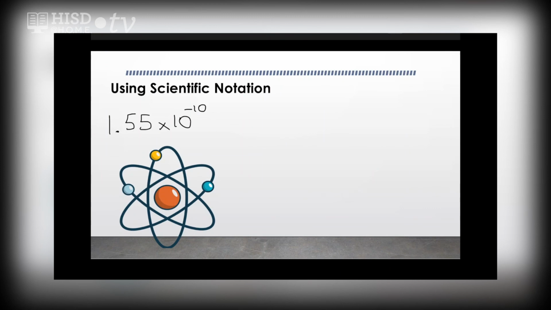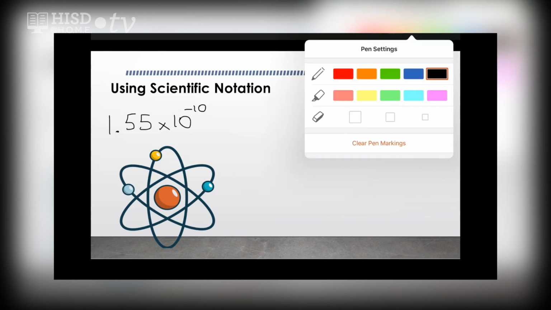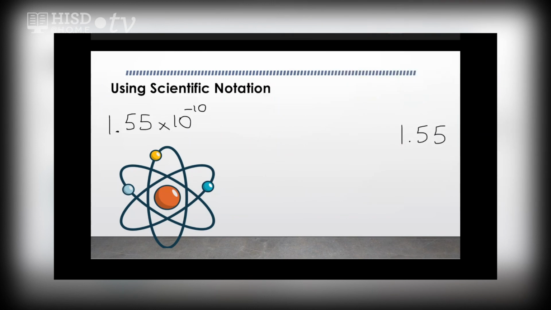Now that you had your chance to check for understanding, I'm just going to give you the answer for the last problem. So on this one, remember we had to draw the decimal form and then start moving the decimal according to our exponent. If it's a negative, I have to move to the left and I have to move it 10 times.